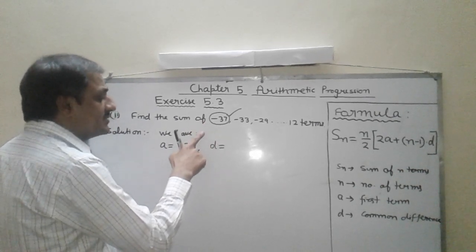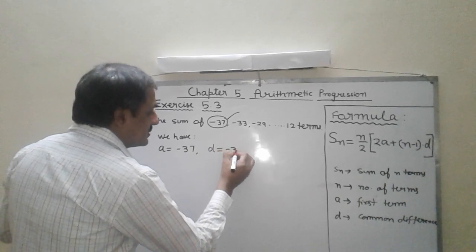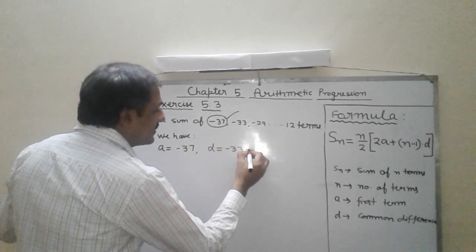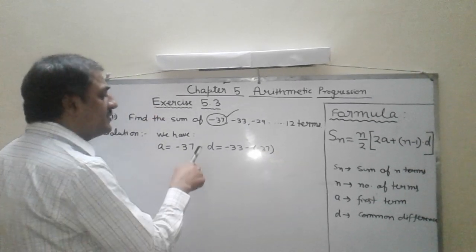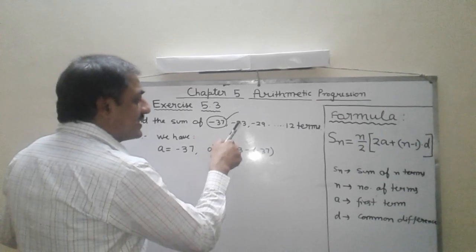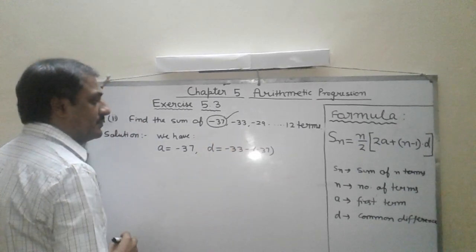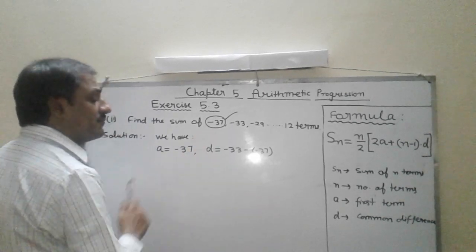By subtracting the first term from the second term: minus 33 minus of minus 37. We can find the common difference when we subtract the first term from the second term.